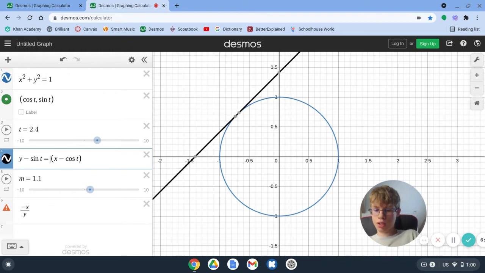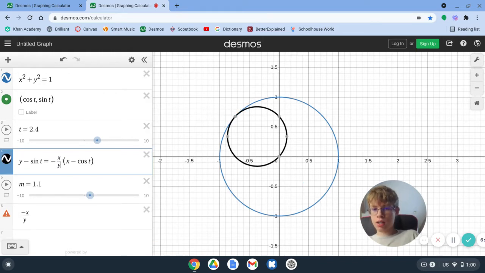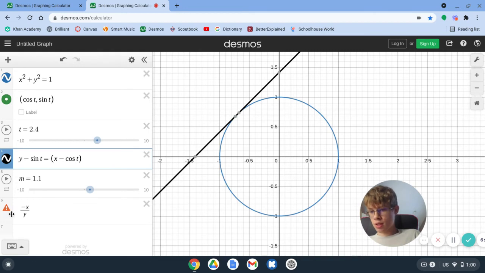However, if we just plug negative x over y in right here, that doesn't give us a tangent line, right? Because we want the slope for any given point. And the trick is to convert negative x over y into trigonometry, just like how we converted x squared plus y squared equals 1 into cosine of t, sine of t. So we're going to say m is equal to negative x over y down here.